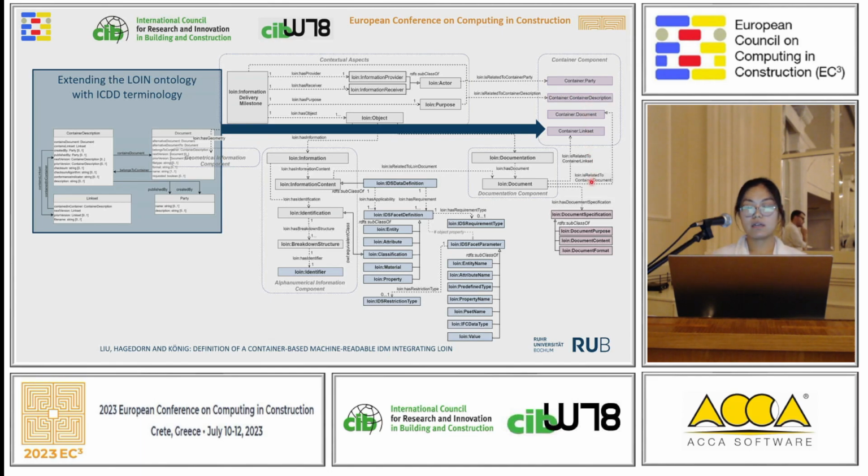With the extended object properties is related to container link set or is related to container document, we can specify the container content, document, and link set through the defined document and the specification. So now the ontology is able to define the alphanumerical information at a detailed level and also aligns this with the information container.